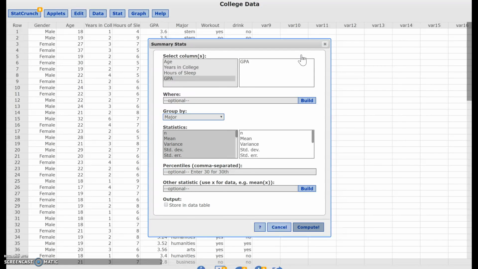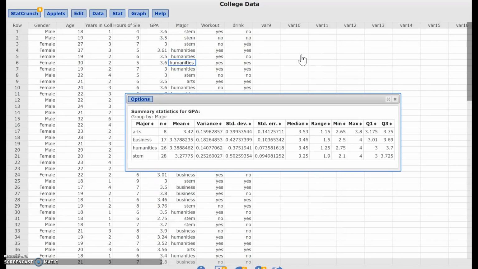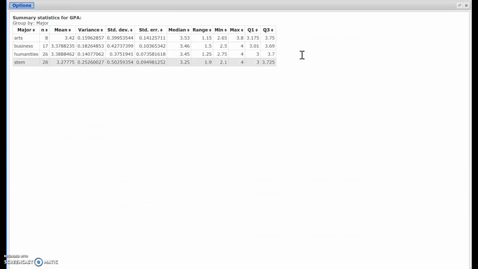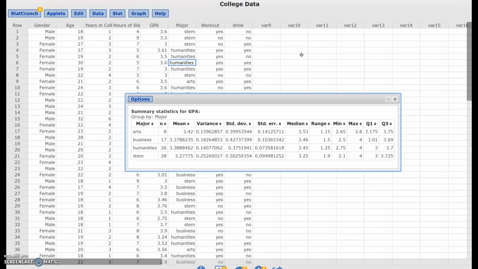So when I press Compute, it'll list out all of my individual majors and it'll tell me what the mean GPA is. And we can try to figure out, okay, does it seem like there's a difference? For me, it doesn't really seem like there's a lot of considerable difference. They're all basically almost the same, or it doesn't seem like it's statistically significant. So that's something that you can go ahead and use for now.